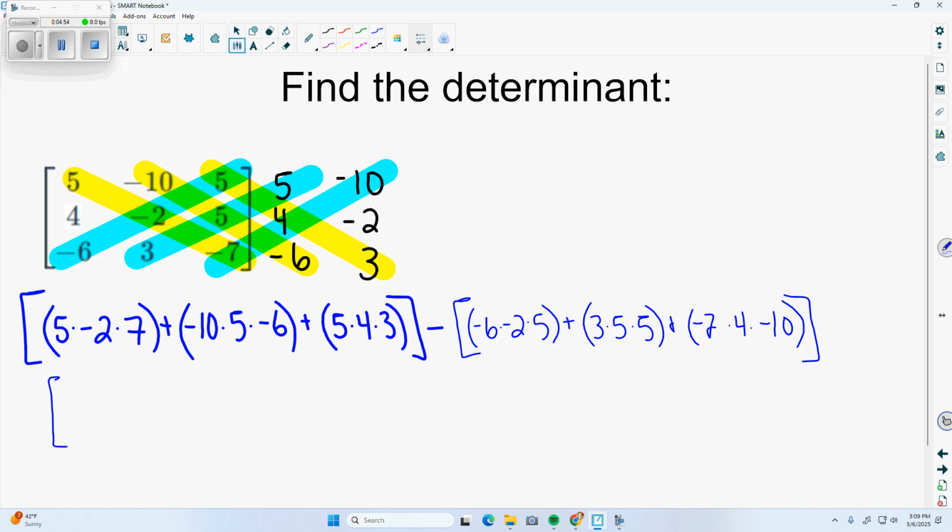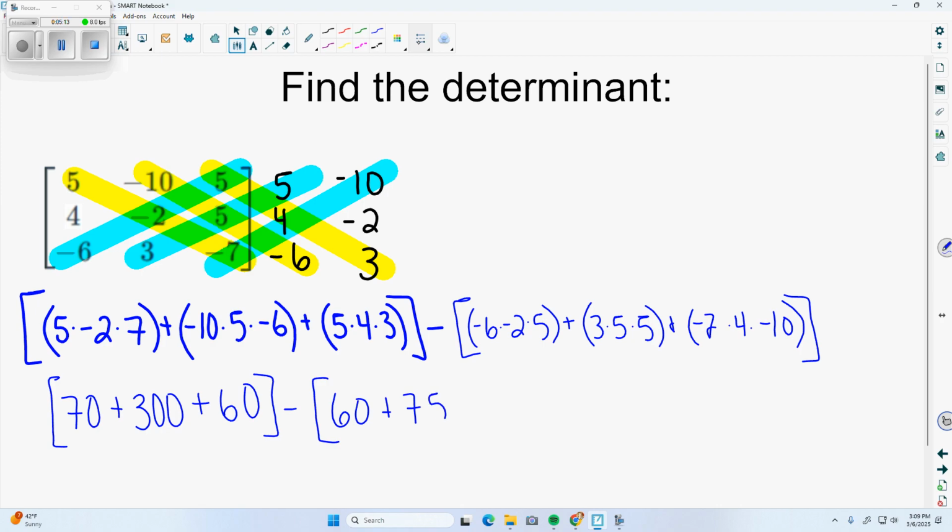Right here, if I multiply those together, I believe I get 70 plus 300 plus 60. From that, I'm going to subtract over here 60 plus 75 plus 280. We keep on cleaning up here.